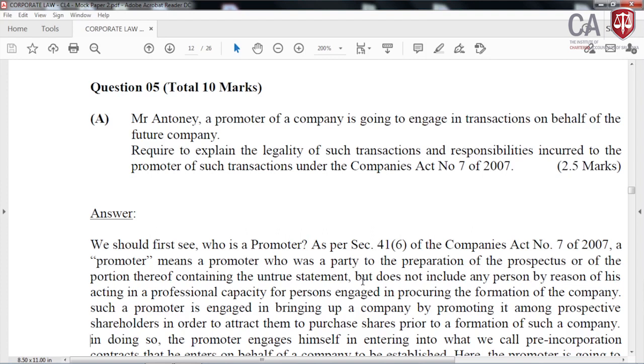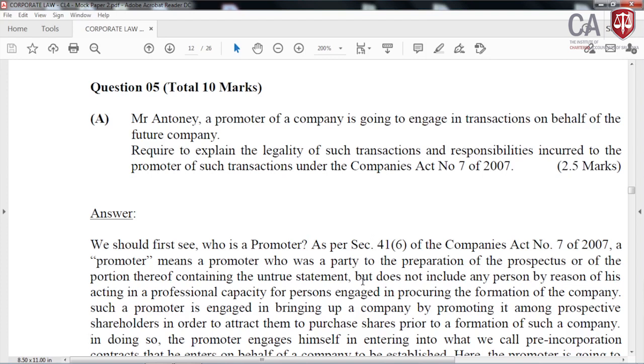But what is significant there is that there is no existence of a company. What is he representing, or on whose behalf is he representing? So therefore, the legal situation is very, very strange here.